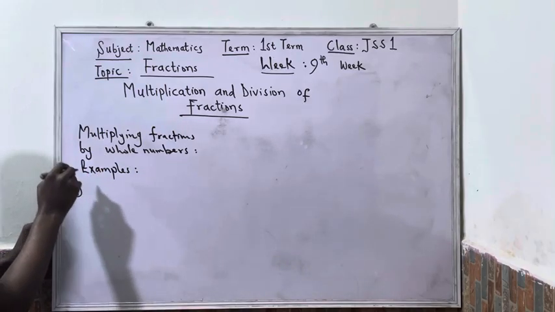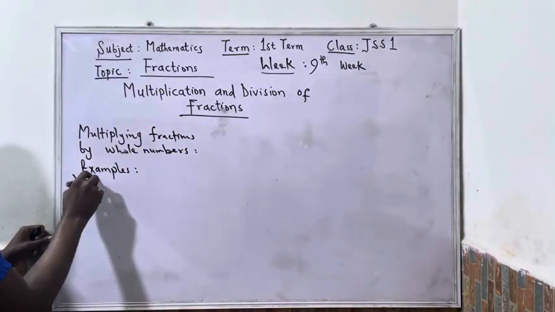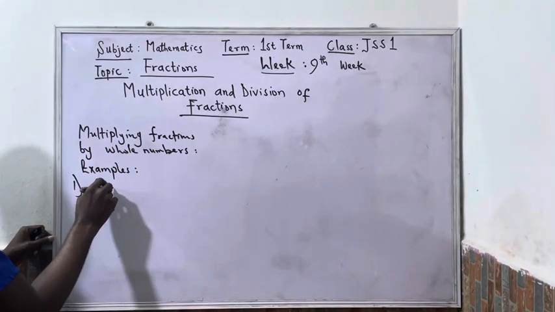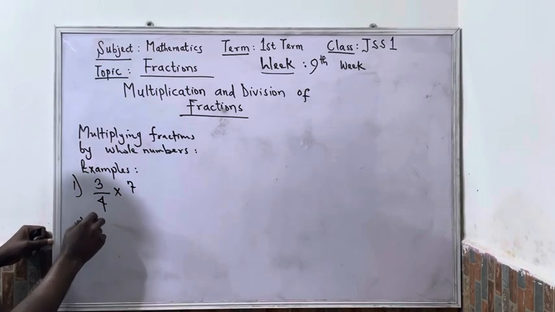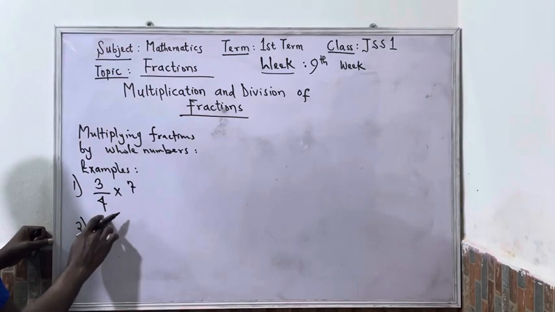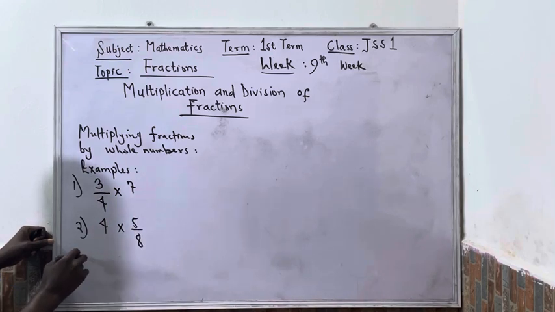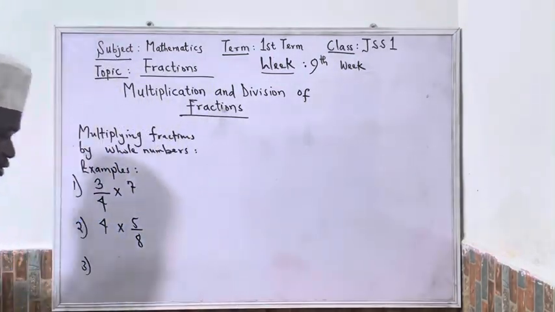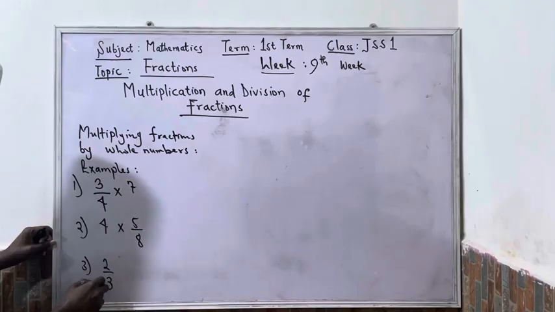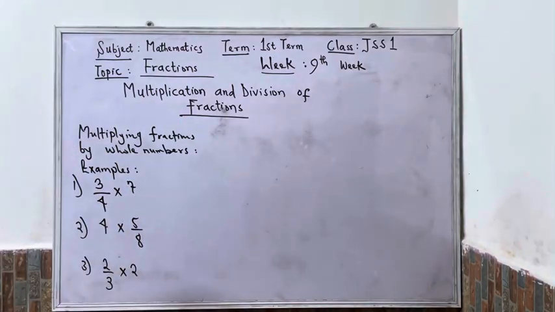So question can give you something like 3/4 times 7. You can have something like 4 times 5/8. You can have something as simple as 2/3 times 2. So it depends on how you have it.